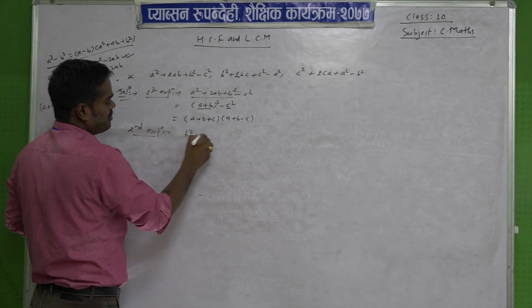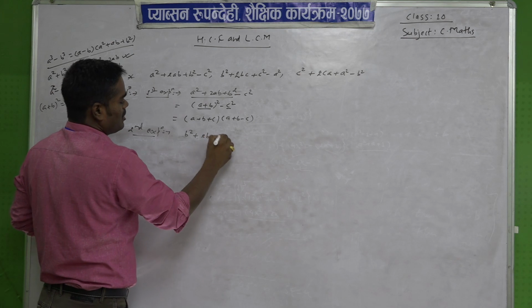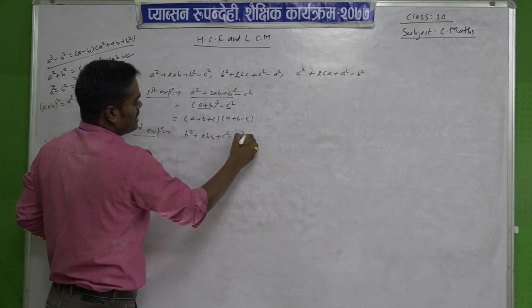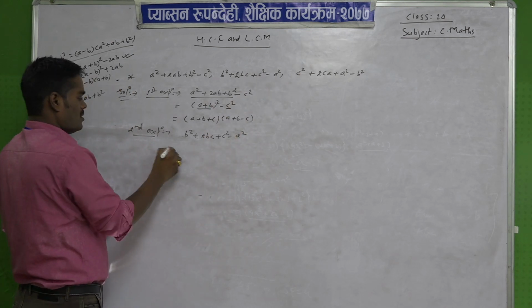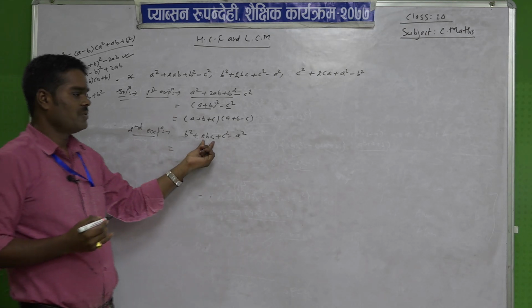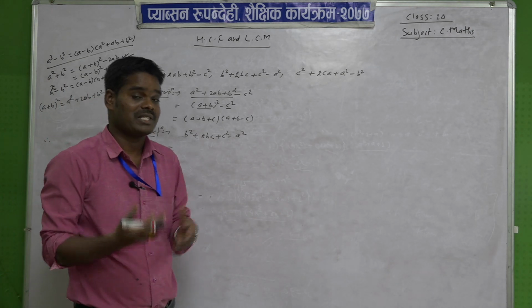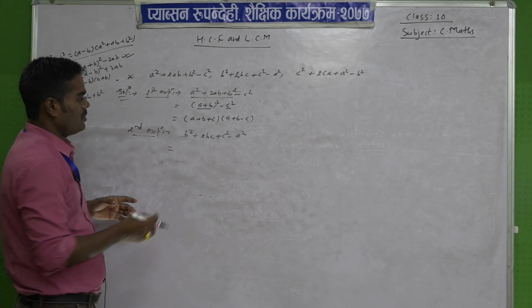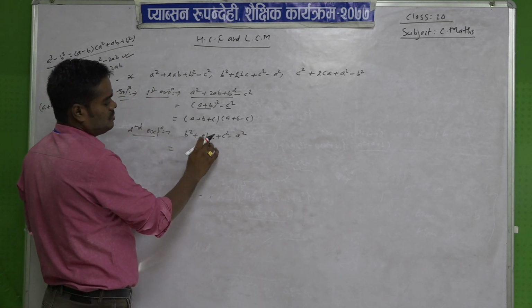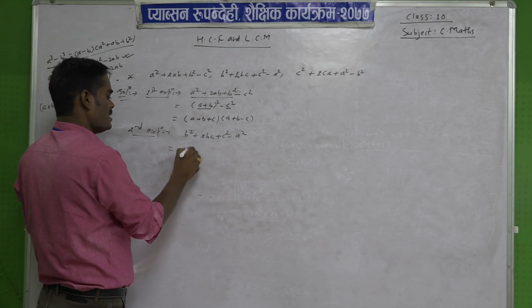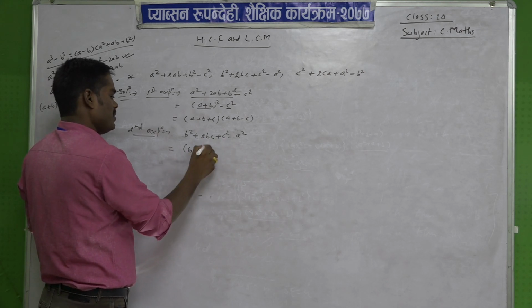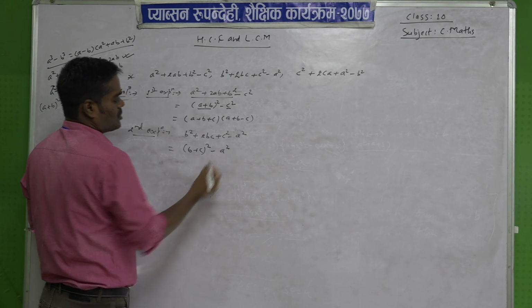And likewise, what is the second expression? b square plus 2bc plus c square minus a square. You are watching here the 2ab term is there, but in place of a, b is there, and in place of b, c is there. So, b square plus 2bc plus c square means b plus c whole square minus a square.